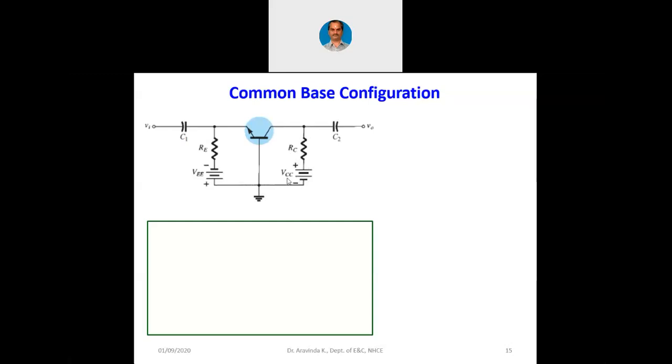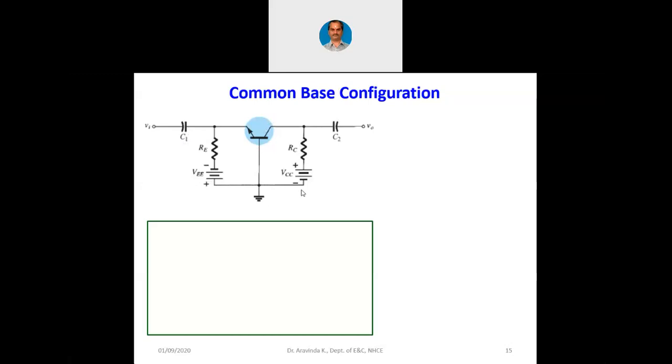No, they will not cancel each other, because the current going through the base emitter junction is different from the current going from the collector to emitter. That is how they will not cancel each other, because there is a beta factor inside the transistor. So I have to clarify all these small things so that you will understand this particular configuration in a better way.